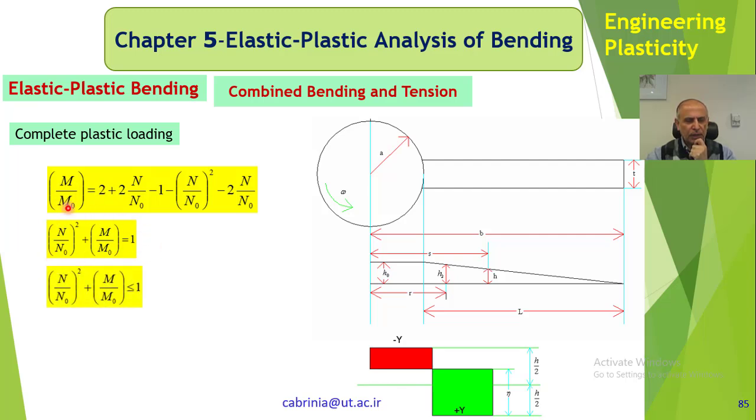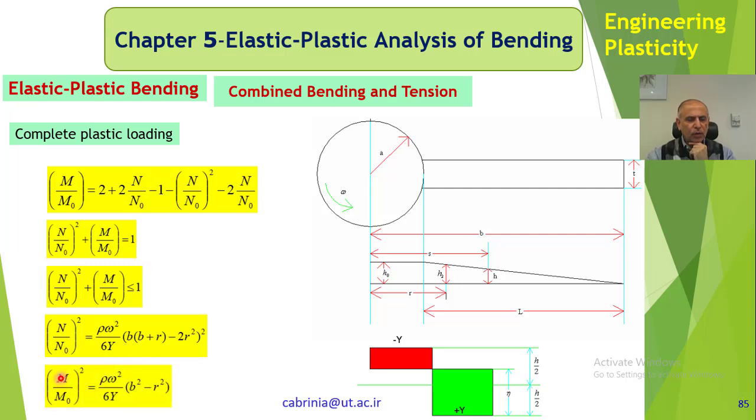We call this inequality the yield inequality. N over N0, we could put it that way because we have obtained N before. If we consider this rigid plastic, then we could use this relationship, and we could also use this relationship as well because we obtained M before.